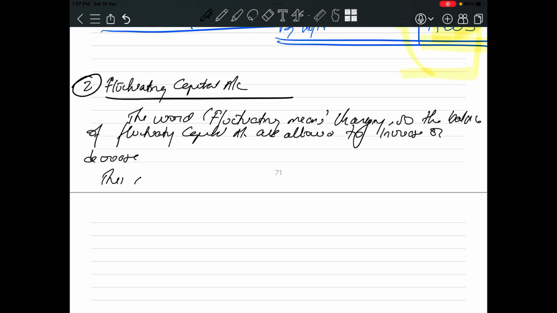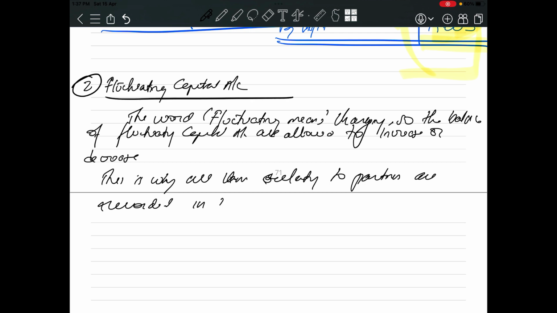This is why all items relating to partners are recorded in the capital account itself. Simple.